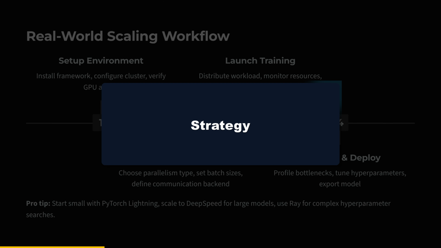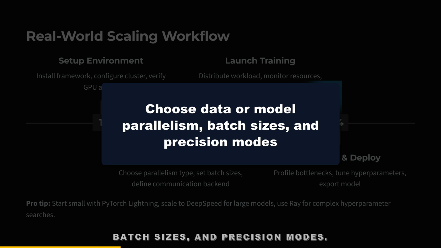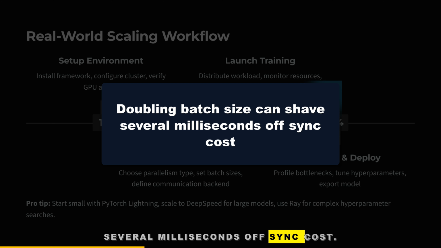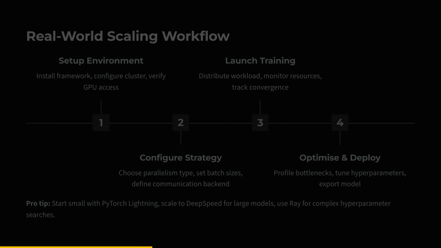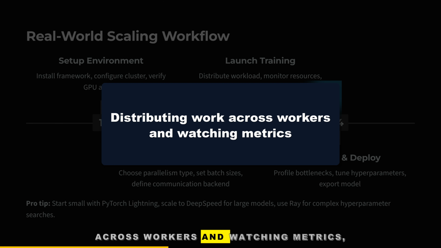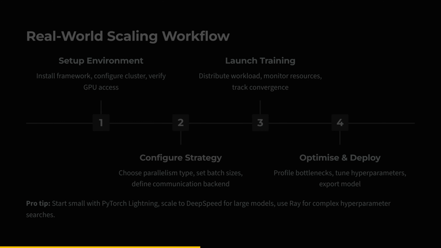Strategy comes next. Choosing data or model parallelism, batch sizes, and precision modes. Doubling batch size can shave several milliseconds off sync cost. Launching training means distributing work across workers and watching metrics such as GPU utilization. Good runs stay above 90%.